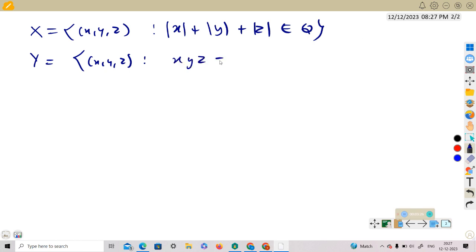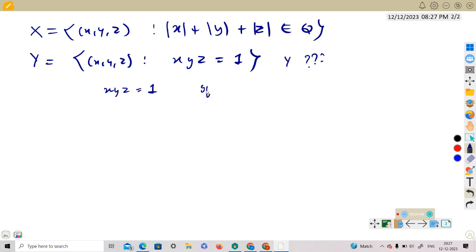First of all, how does Y look like? xyz is equal to 1.